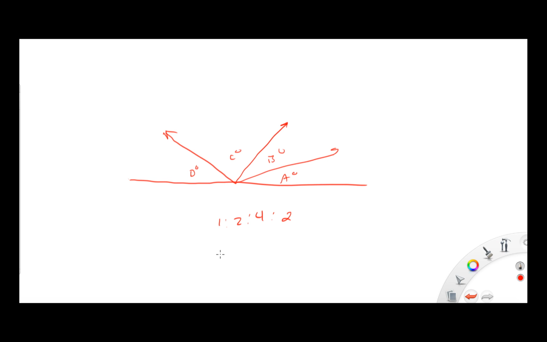we're going to say, if we put in a problem where we can actually put a variable in, we're going to say x to 2x to 4x to 2x. Okay, so all of these together, again, equal 180 degrees.